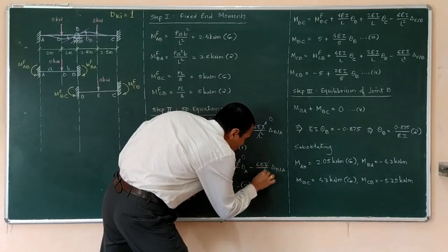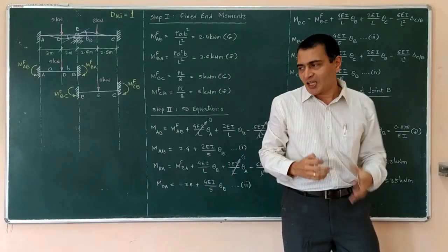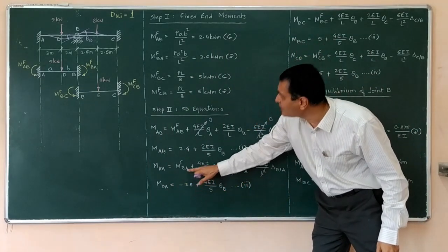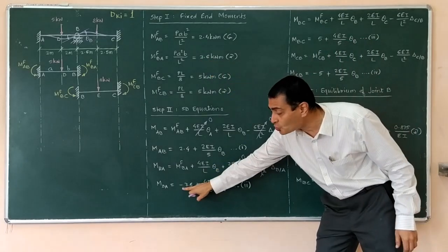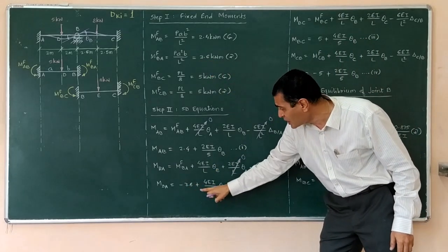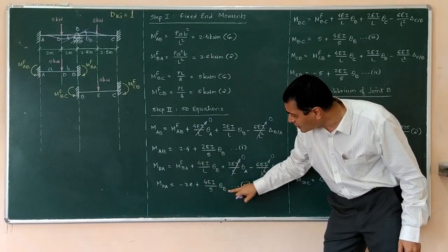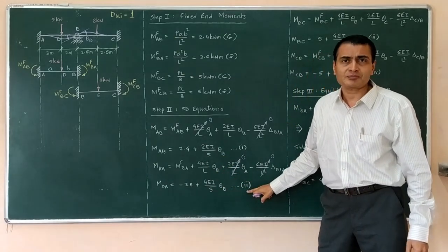Also, no sinking of support is given, so even this is 0, so that eventually I am getting M of BA as MFBA, which I am writing from here 3.6 clockwise, so I have written negative clockwise, plus this particular quantity 4 by 5 EI into theta B. This is my second equation.